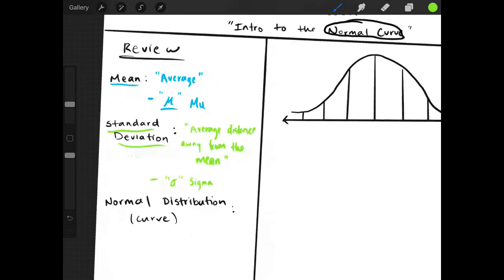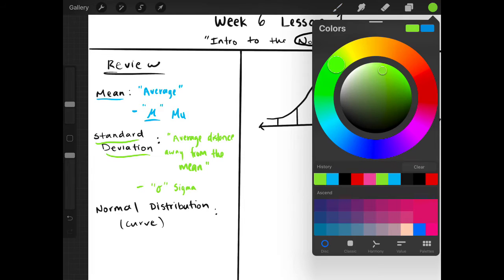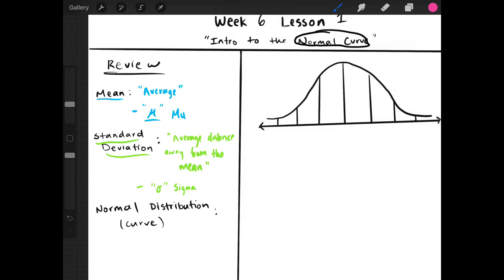Now, when we go through and do a normal curve, this is a general way to look at information that's given to us. We can look at different sets of populations, and we can use the normal curve when they tell you it's a normal distribution. As we go throughout this, we'll always be looking at the distribution. But what we know is that if we have something in a normal distribution, we can use this normal curve over here to the right.